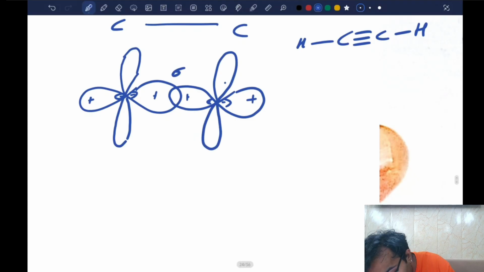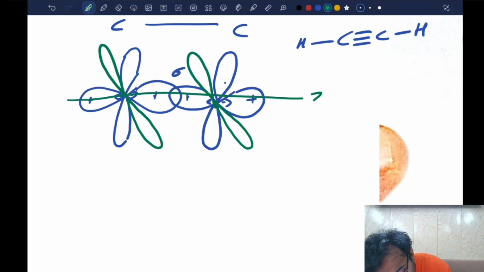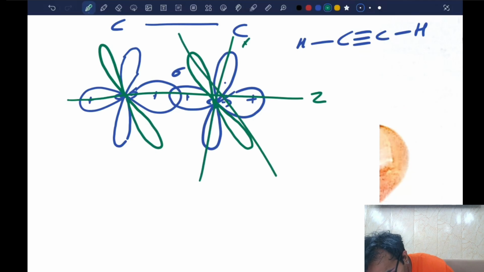Similarly, it has another unhybridized py along the y axis. Okay, so this is the z axis, this is the x axis, and this is the y axis.